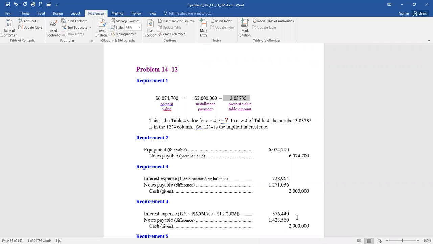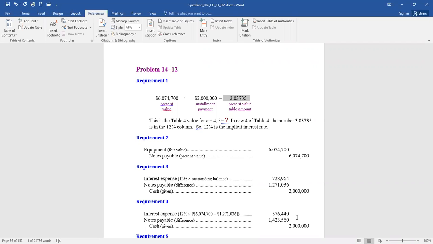No. I'm using a desktop calculator instead of just using my normal calculator. But if you take $6,074,700 minus the part of the principal that was paid off last year of $1,271,036, that's your outstanding balance of your loan.